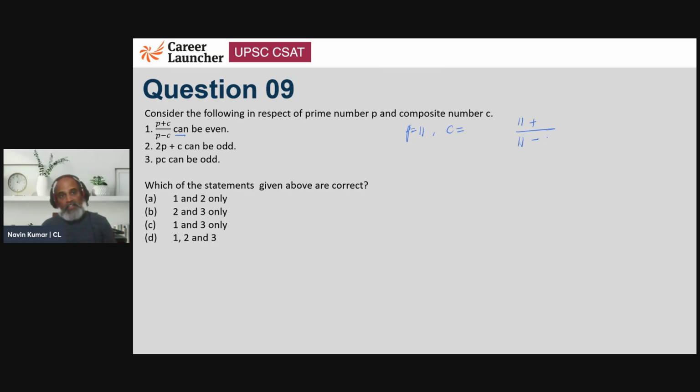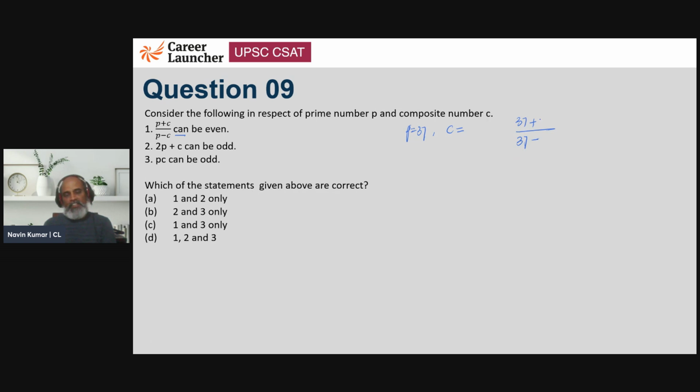What if we take 11 plus an odd number? We can't take 3, we can't take 5, we can't take 7. We can only take 9. If you take 13 or more, it's going to be negative. So let's find a bigger odd prime number. Let's take 37, because there are many odd numbers below 37.